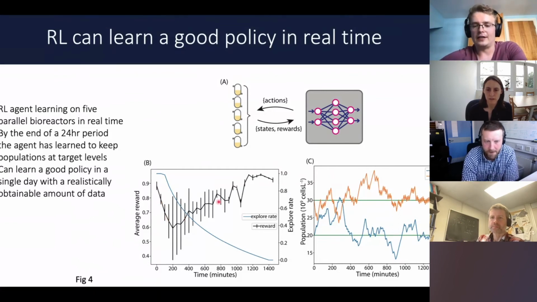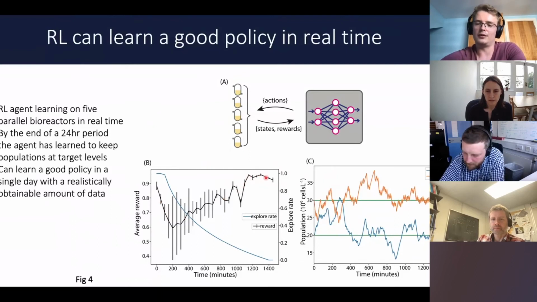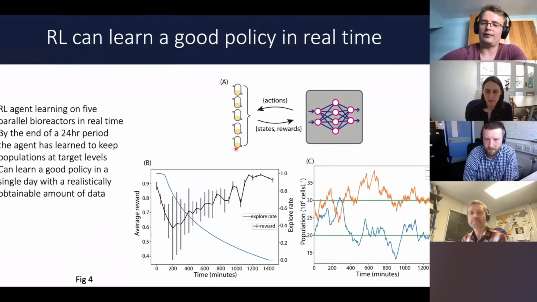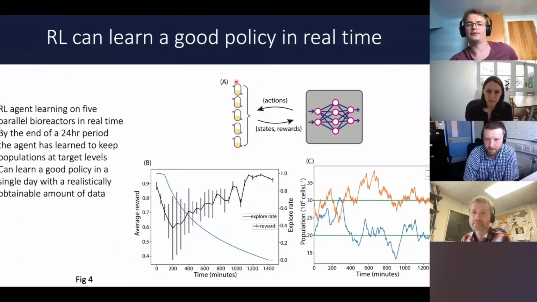Then as it learns, the variance drops and our reward increases. This is really cool because we have 5 bioreactors which we could run in parallel for 24 hours, so we could do this experiment in the lab.